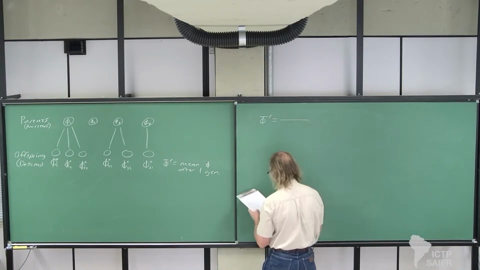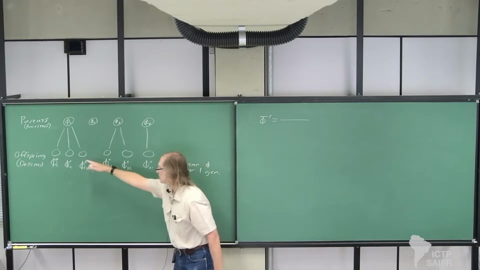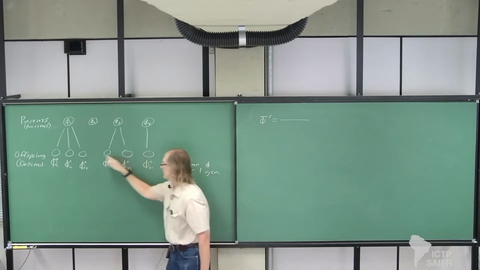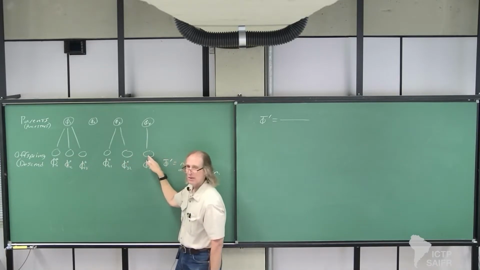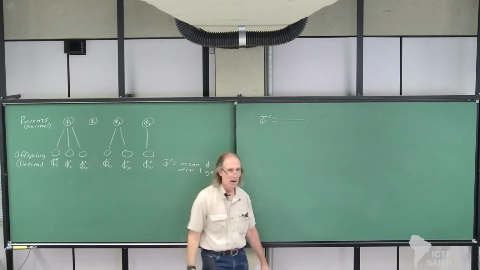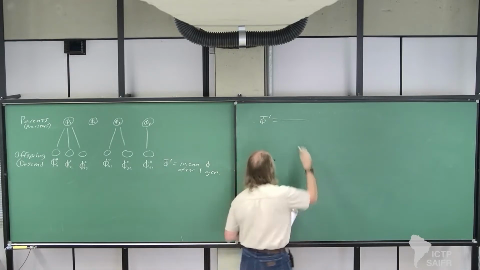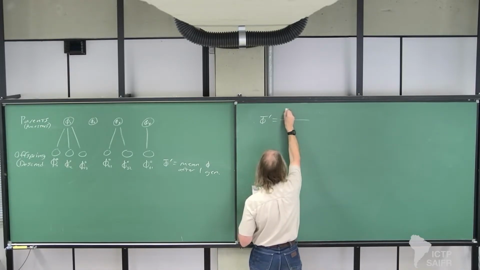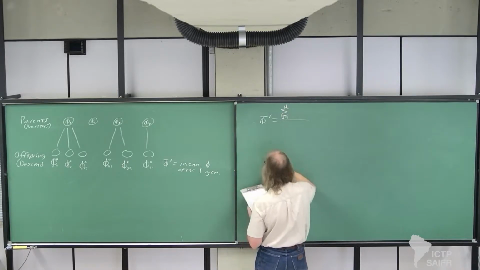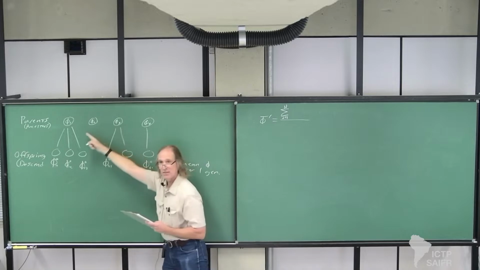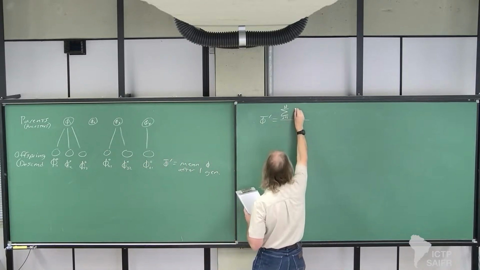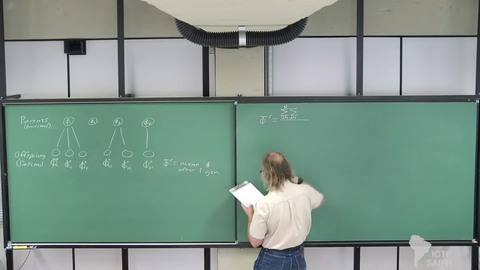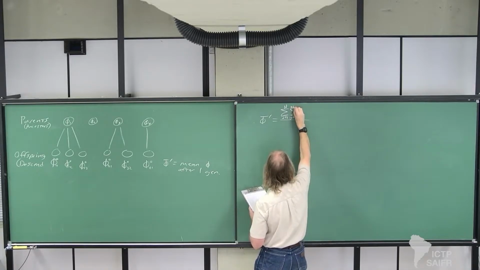So I can write this as what? It's the sum of the phenotypes of all these individuals divided by the number of them, right? So I'll write it as summation i equal 1 to n, summing over all parents. And then within that, summation j equal 1 to w sub i.